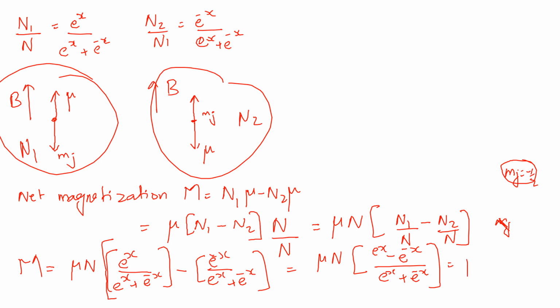So you can write it as mu n tanh x. So we have the total magnetization M equal to n, the total population, times mu, the magnetic dipole moment, times hyperbolic tan of x.